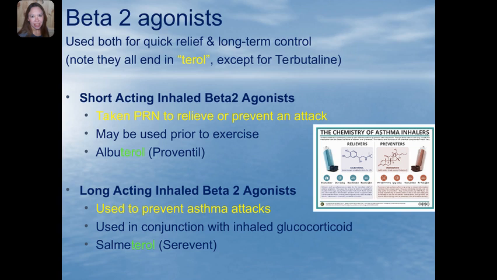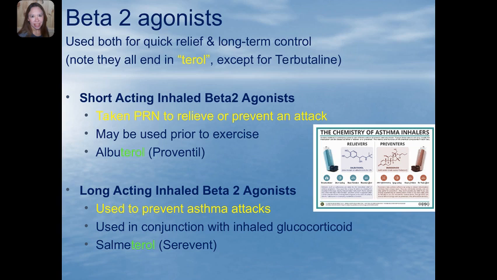And again, we are going to be using these medications in conjunction with an inhaled glucocorticoid, where the glucocorticoid is going to work on the inflammatory process that's happening. Notice that these medications end in terol. These are the beta 2 agonists.